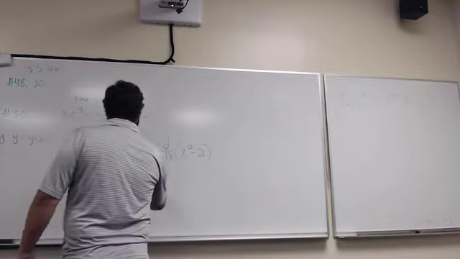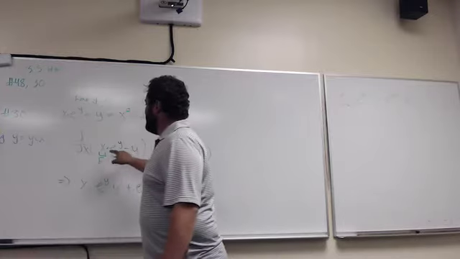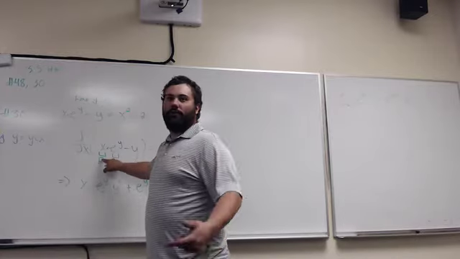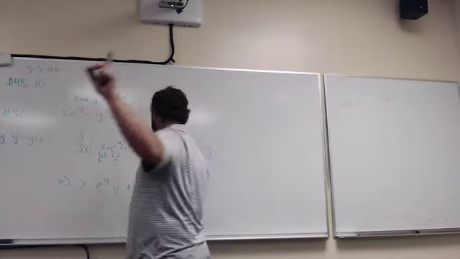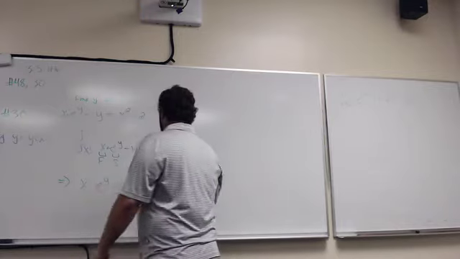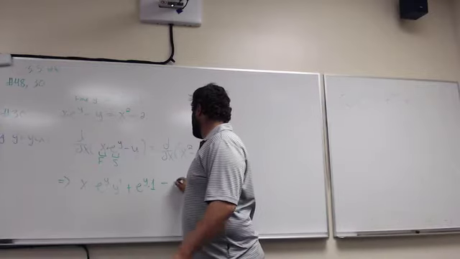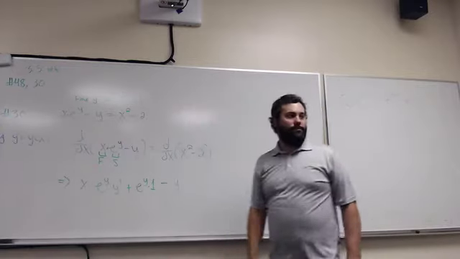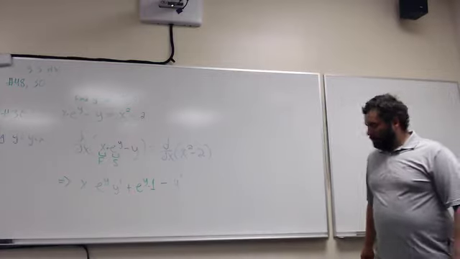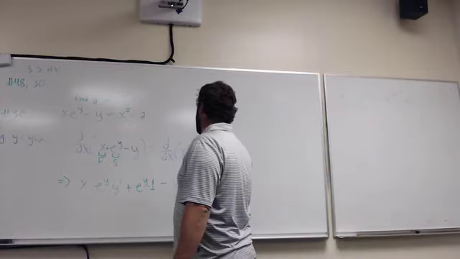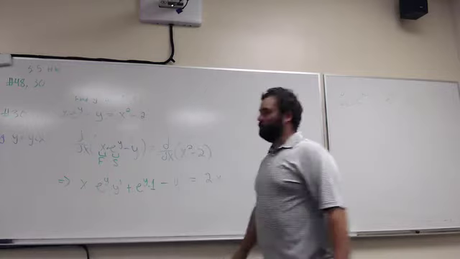Plus the second function, e to the y, times the derivative of the first, but the derivative of x is just positive 1. And then minus the derivative of y, or the derivative of y of x, that's going to be y prime. And then the derivative on the right-hand side is just 2x.